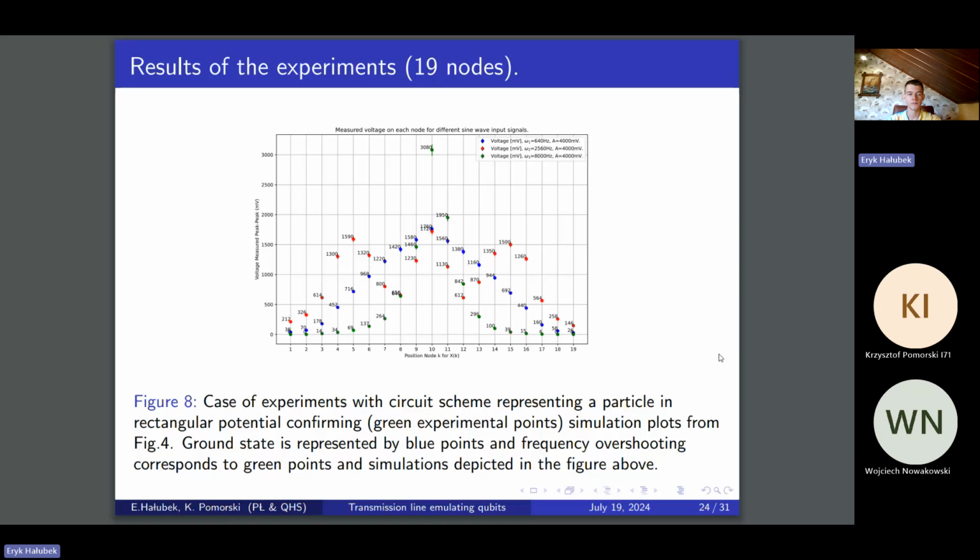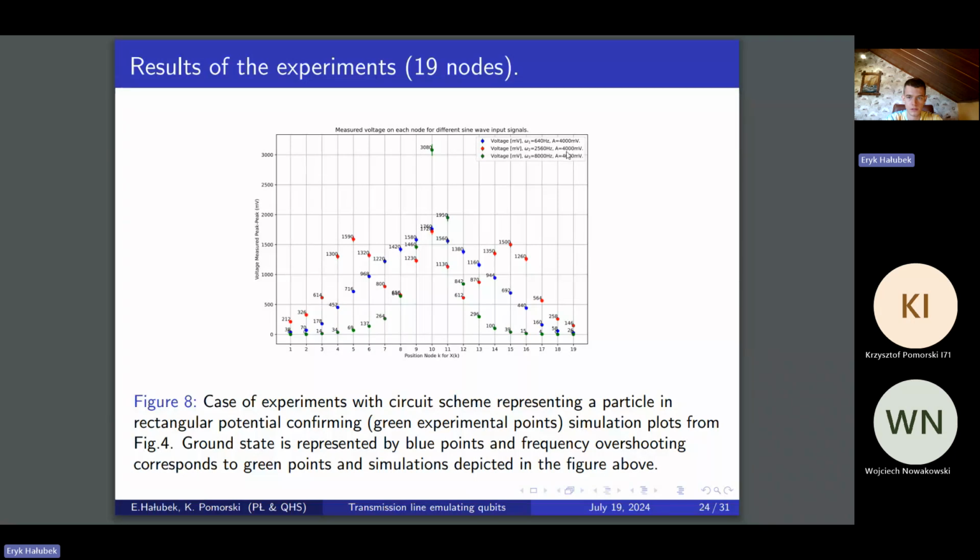Okay, and here are the actual measurement results from our experiments where we measured the peak-to-peak voltage on each node using an oscilloscope. And as we can see, for each node, we have here a value in millivolts of this peak-to-peak voltage.